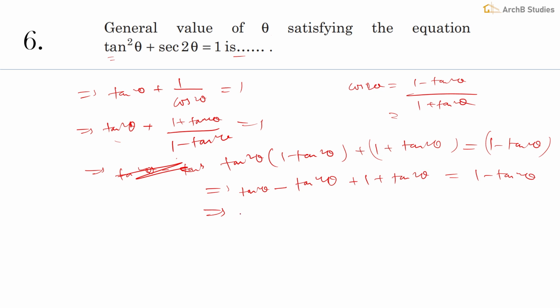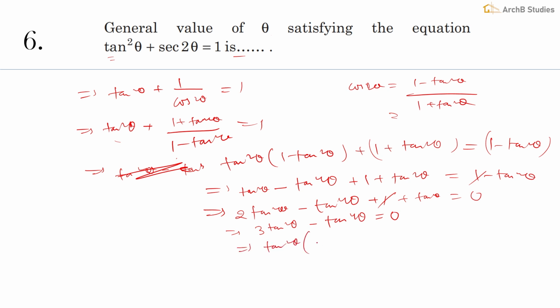This will be 2 tan square theta minus tan to the power 4 theta plus 1 will be cancelled, plus tan square theta equal to 0. This will be 3 tan square theta minus tan to the power 4 theta equal to 0. This gives us tan square theta, if we take common, 3 minus tan square theta equal to 0.